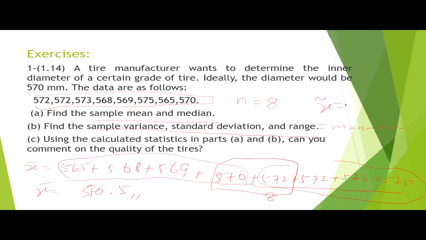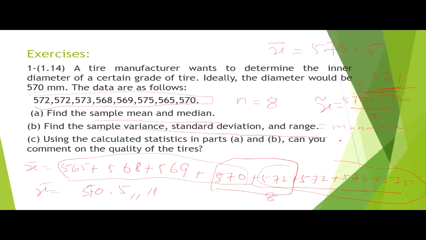X tilde. 570 plus 572 divided by 2, which is 571. This is the median, and the mean is 570.5. So mean and median are close. Mean is 570.5, median is 571. They are closer.